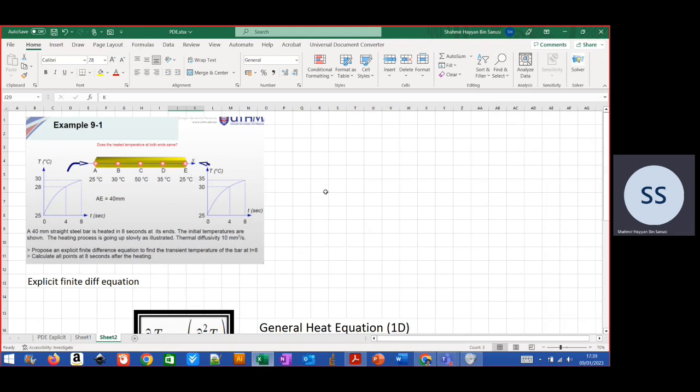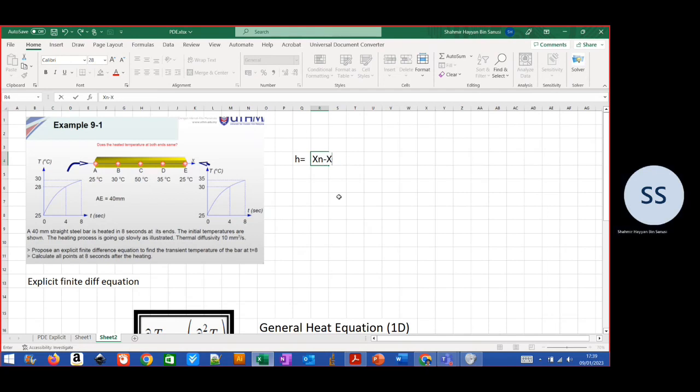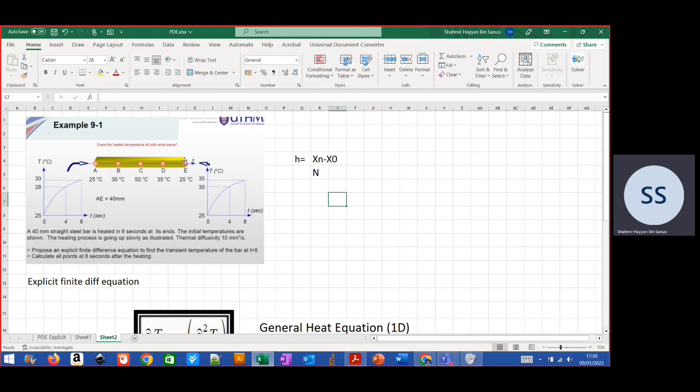Or one way for you to find it, if you still remember, h is equal to Xn minus X naught over the number of divisions n. So our Xn here, E, is 40, X naught is 0, and n is the number of divisions, which is 1, 2, 3, 4.